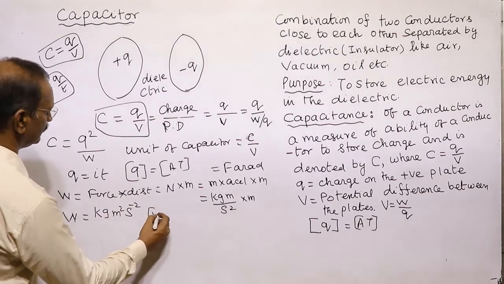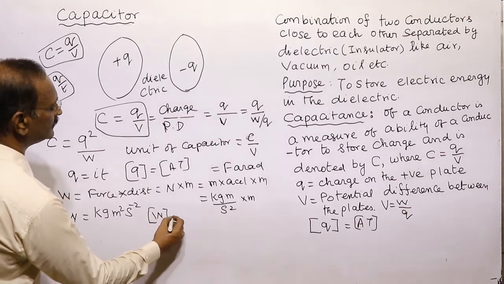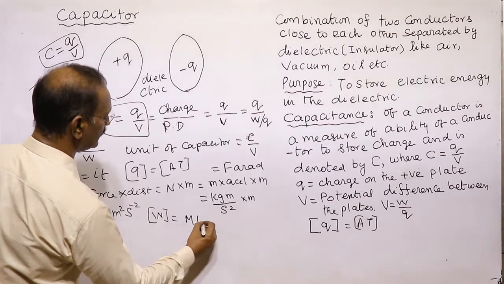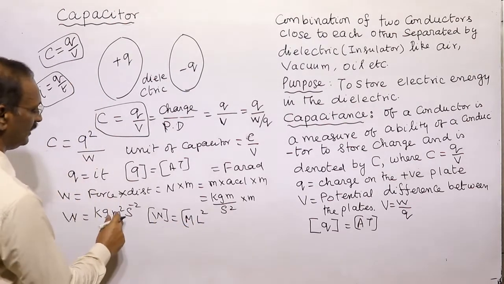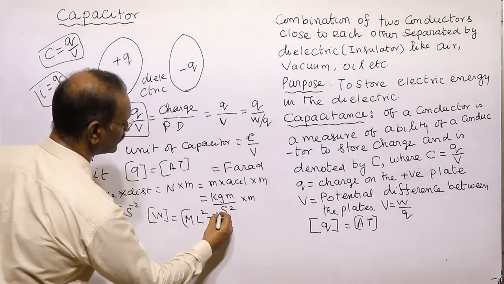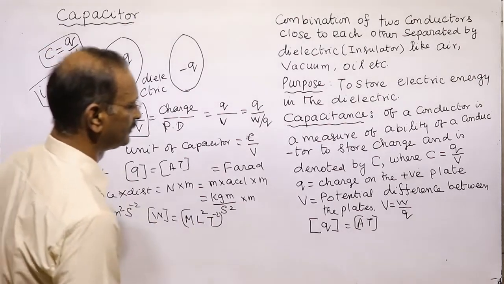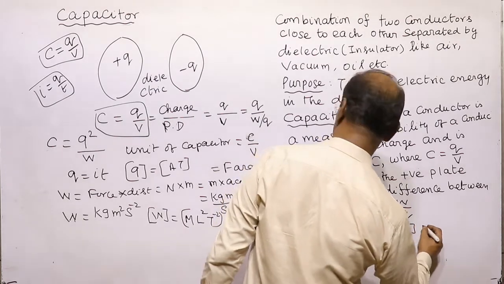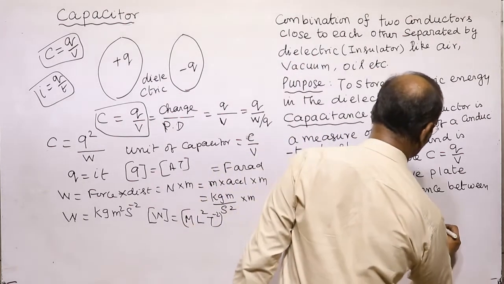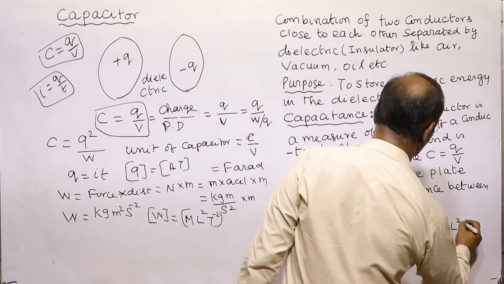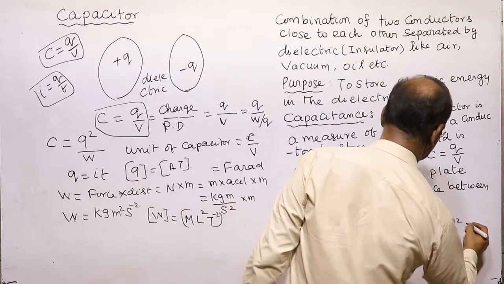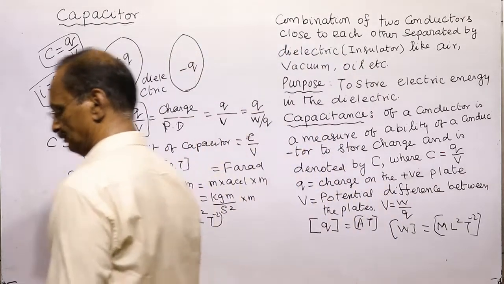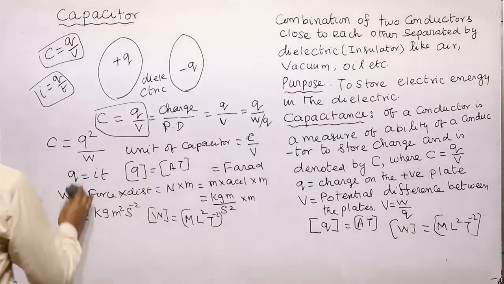The dimension of work done is M L square T power minus 2. So we have found out work done.